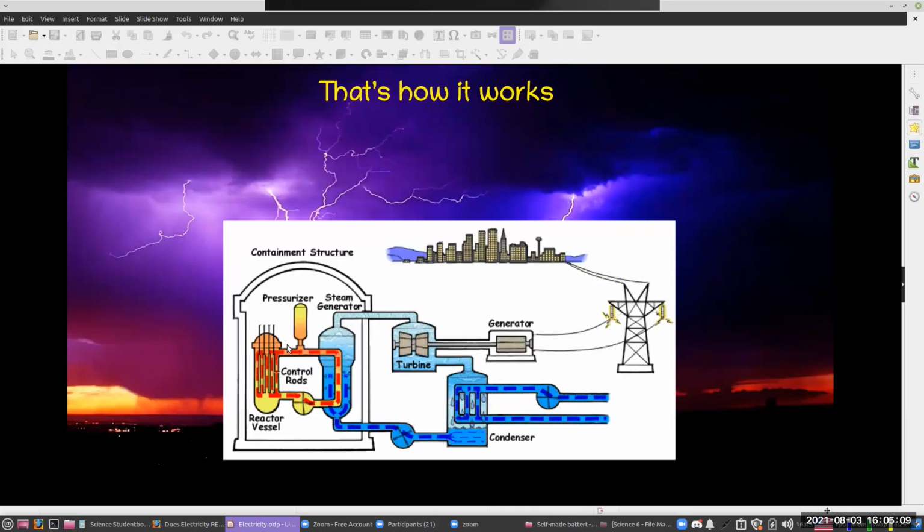Mechanical energy means something like water, like steam, moves. Then it goes into a turbine, and the turbine generates energy in the generator, and that is the way we produce electricity. Mechanical energy goes into electrical energy, meaning a movement of electrons in a motor.